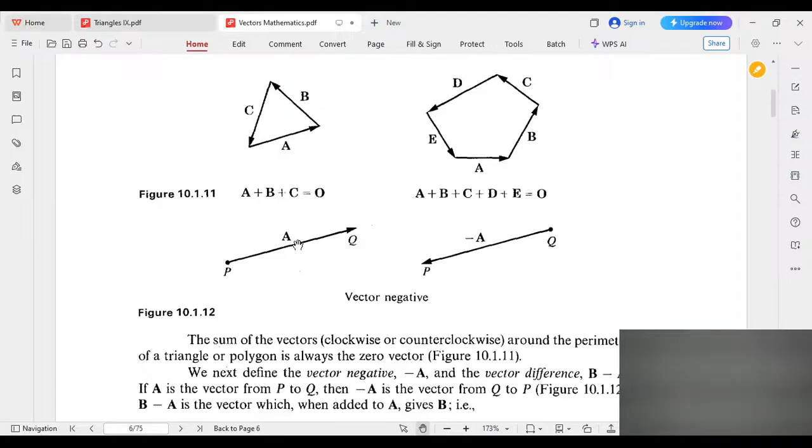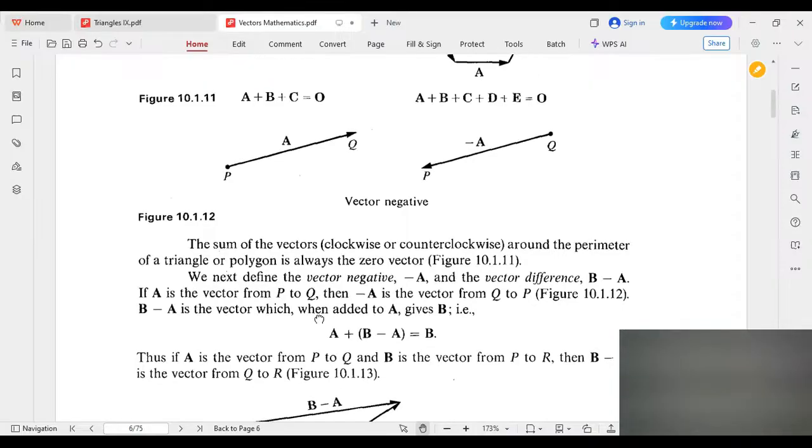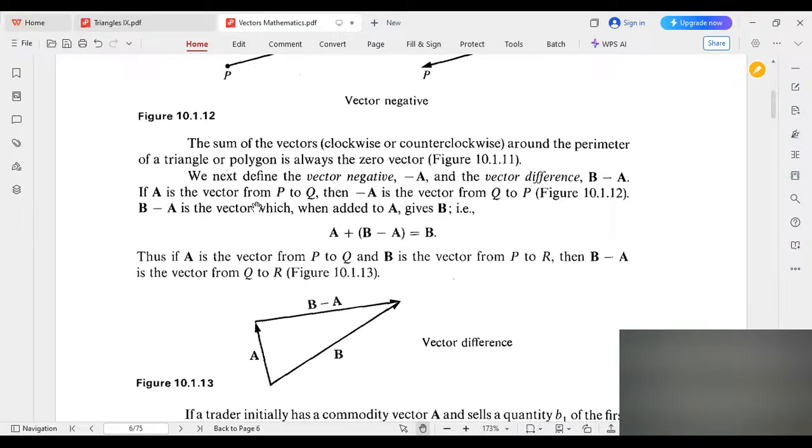So PQ equals A and QP equals minus A. The sum of vectors clockwise or counterclockwise around the perimeter of a triangle or polygon is always the zero vector.